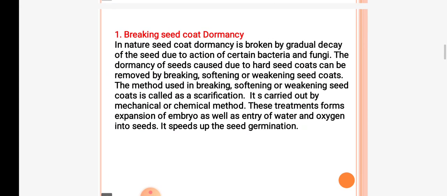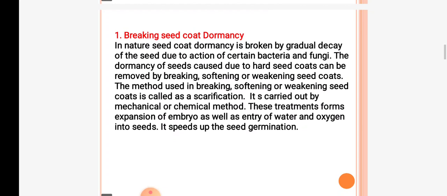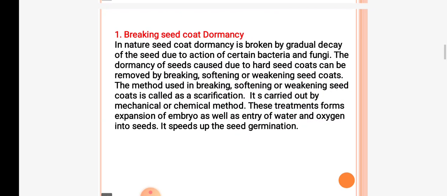The first method to break seed dormancy is breaking of seed coat dormancy. In nature, seed coat dormancy is broken by gradual decay of the seed due to the action of certain bacteria and fungi.